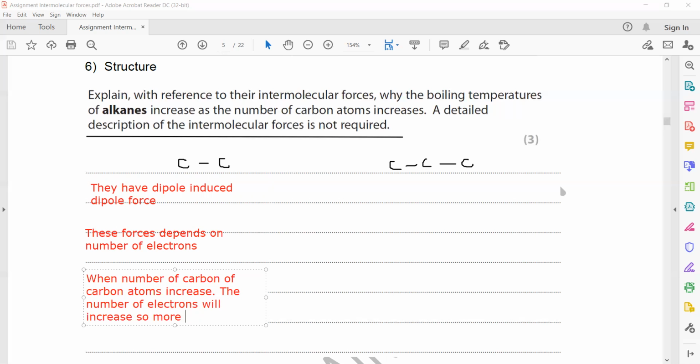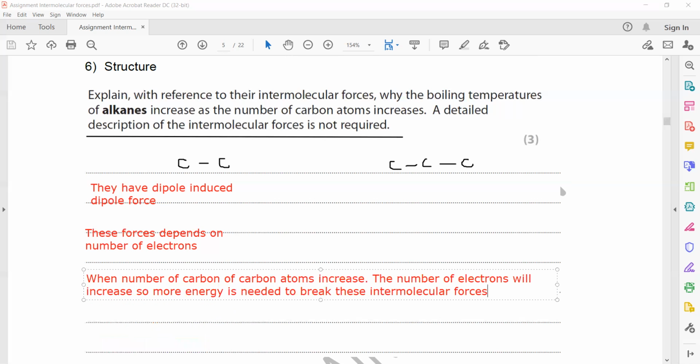So more energy is needed to break these intermolecular forces. That's why the boiling temperature increases as the number of carbons increases.